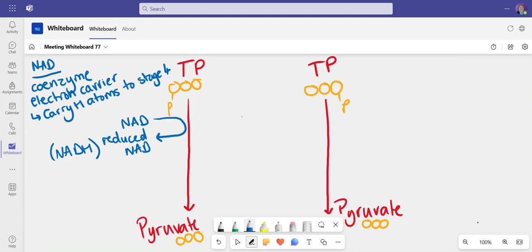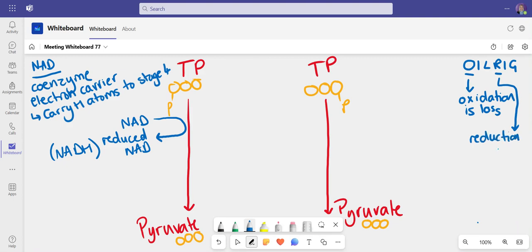Okay, now, if you remember from GCSE, we had this little way of remembering 2 types of reaction, oil rig. So the O was oxidation is loss, and the R was reduction is gain.